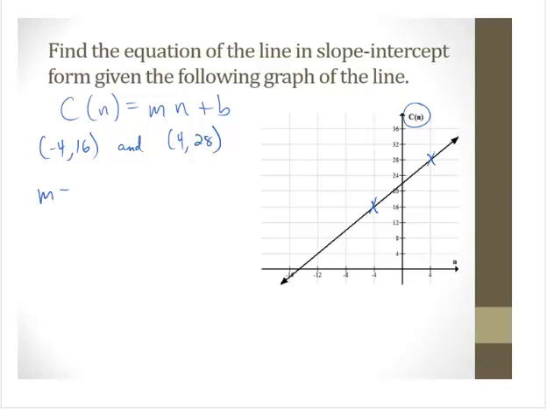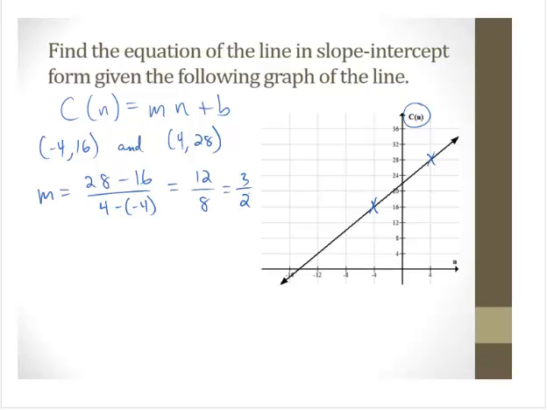Find the slope. m is equal to 28 minus 16 over 4, subtract -4. 28 subtract 16 is 12. 4 subtract -4 is 8. And 12 over 8 reduces to 3/2, or 1.5 if you want a decimal.